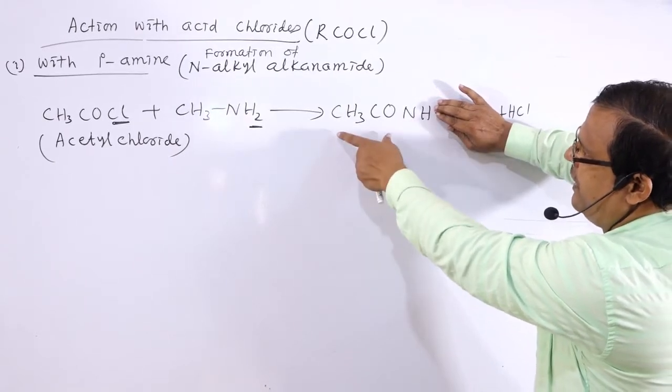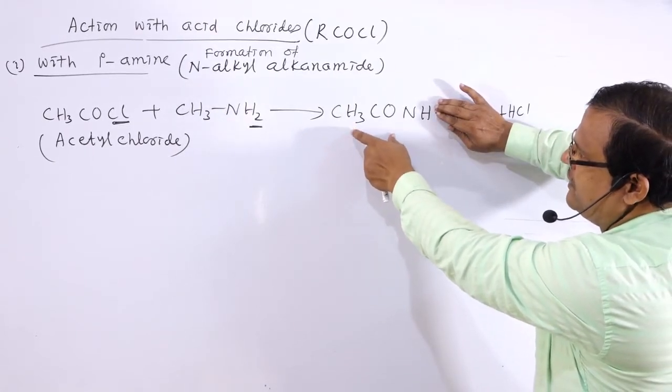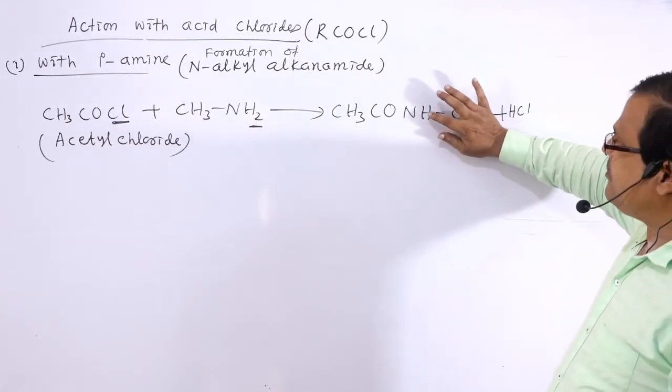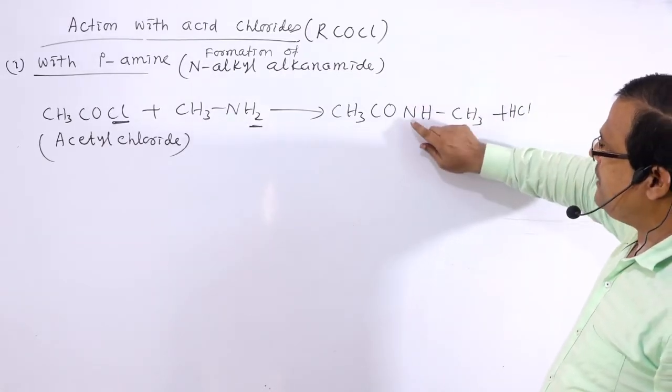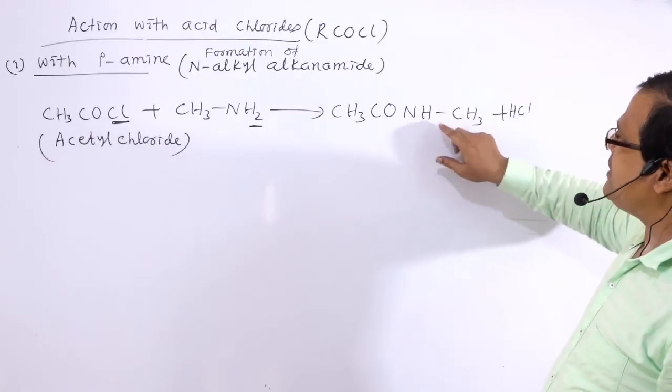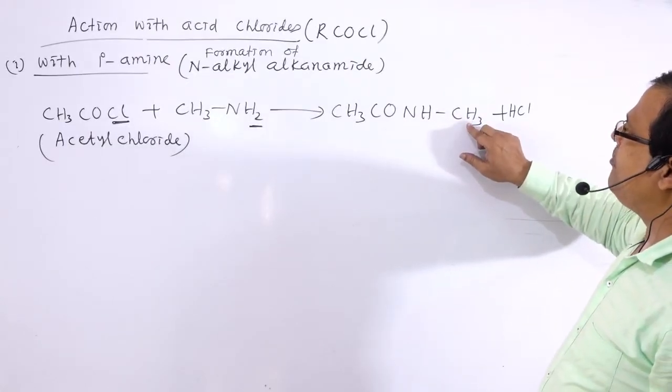That is acetamide, or ethanamide, of the RCONH2 form. That is ethanamide, an alkanamide. From this nitrogen atom of ethanamide, one hydrogen atom is replaced by a methyl.